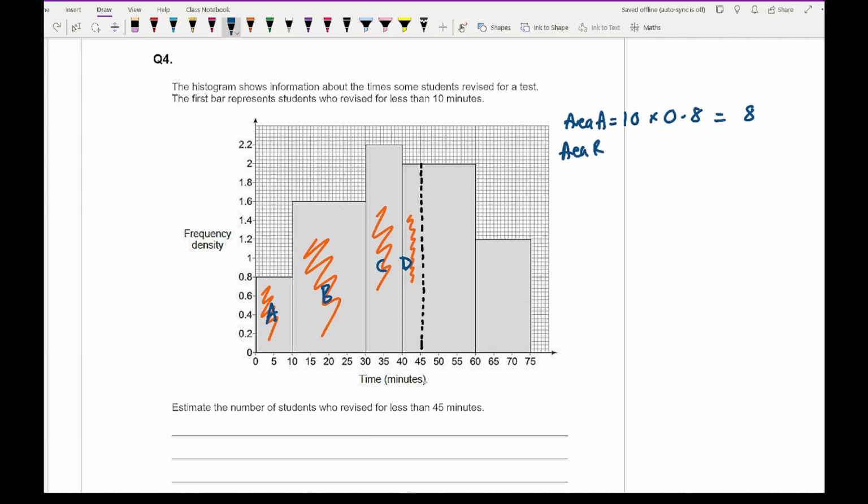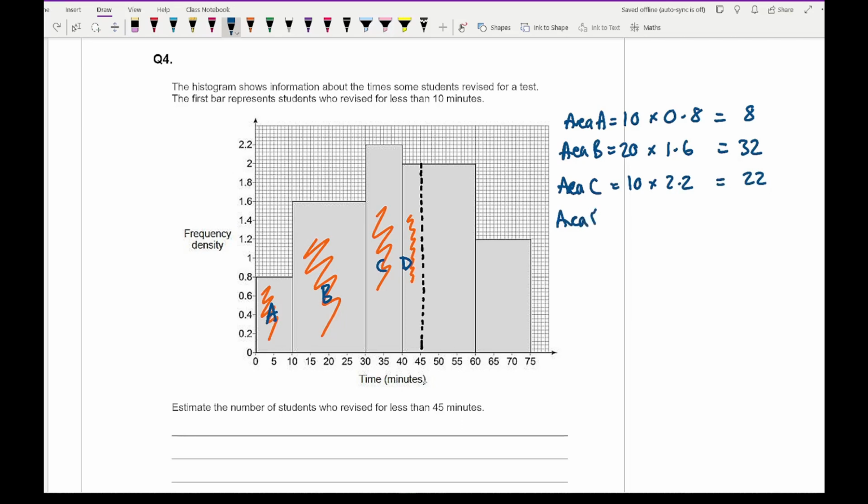Area B has got a class width of 20 and a height of 1.6. So if I do 20 times 1.6, I get an answer of 32. For area C, that's going to be 10 times the height, which is 2.2. So that's going to be 22.